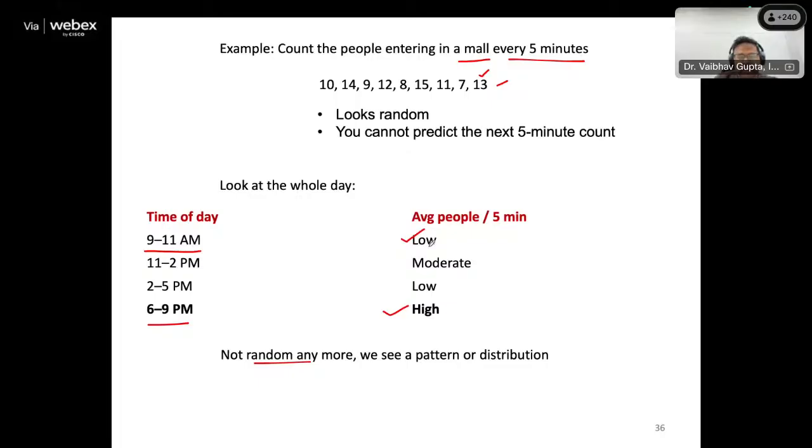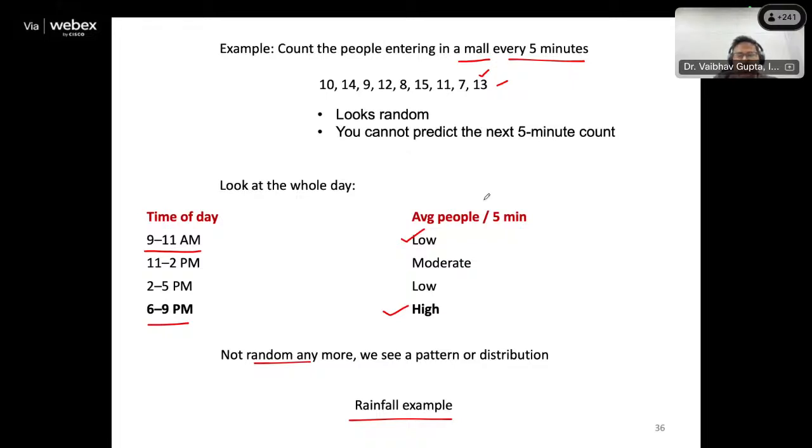Let me take another example, which is the rainfall example. Suppose rain is happening at 6 o'clock in the morning, and at 6:01, or after just 1 second, I ask you, tell me where the next drop will fall on the ground. You don't know where the next drop will fall. Maybe it will fall somewhere here or there.